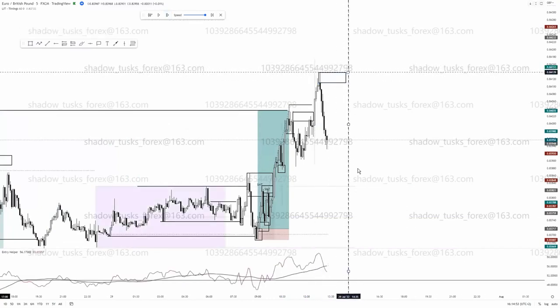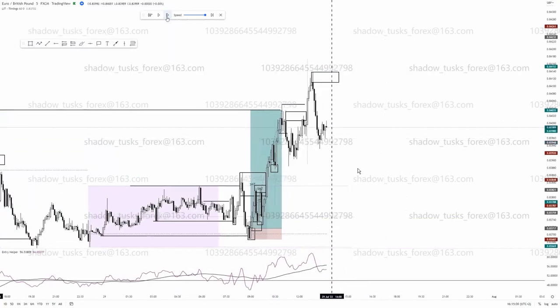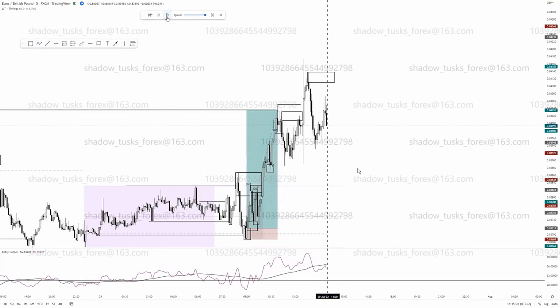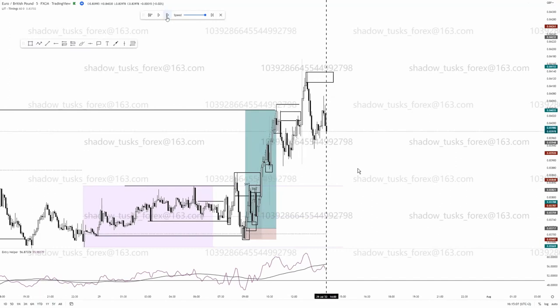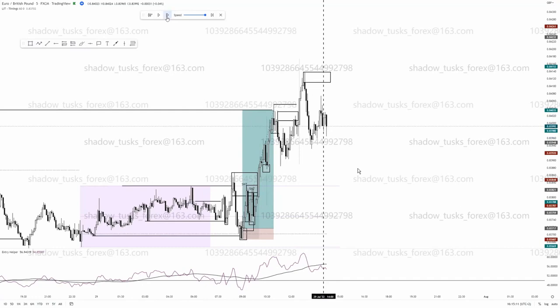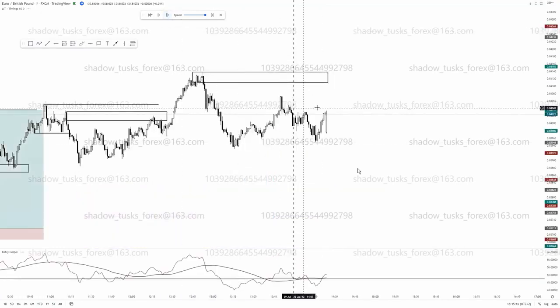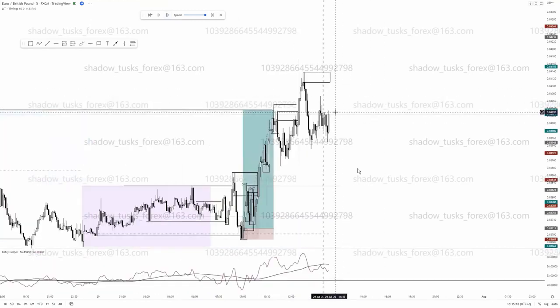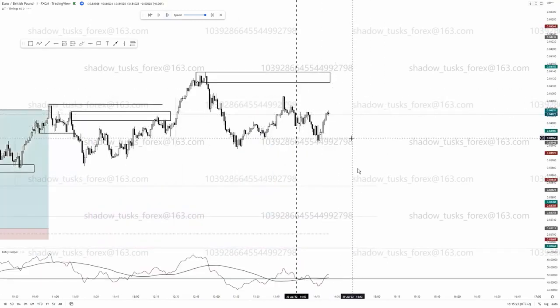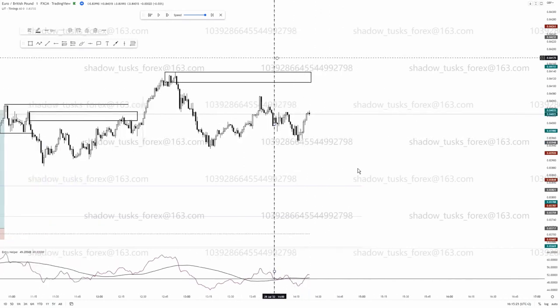When's our next timing? New York Open. There we go. Okay, price is doing its thing. Okay, interesting. But now it does get a little bit more interesting.